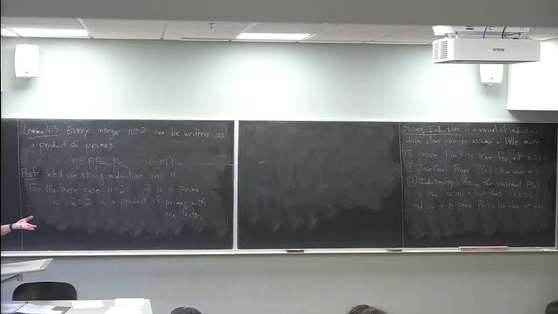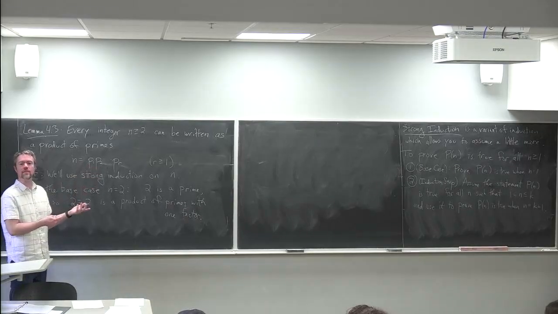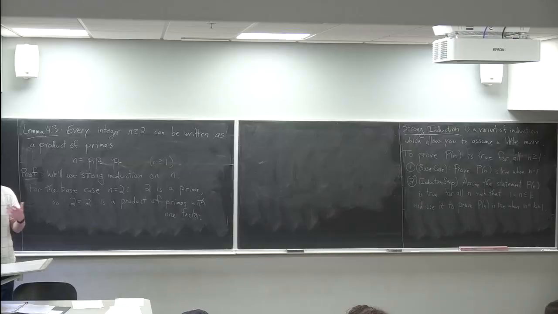If it's prime already, you're done. It's the same argument as the number 2. If you have this number and it's already prime, then it's technically a product of primes with one factor. Okay, and if it's not prime, that means it's composite. Composite numbers you can factor into a product of two things, an A and a B. Now, the thing with those A and B is they're smaller than the number you started with.